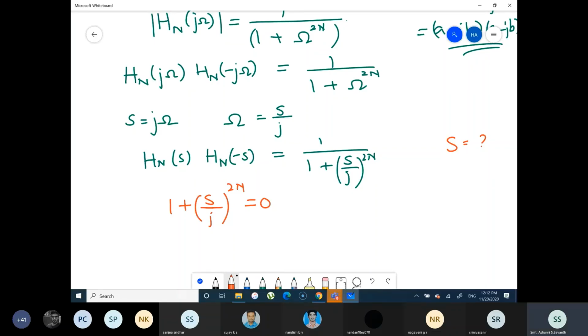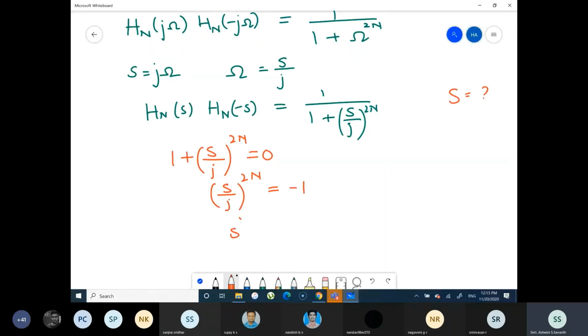Okay, so let's do that. (S by j) whole power 2n equals minus 1, and we put j also onto the other side. So s to the power 2n equals minus 1 into j to the power 2n. How many poles do you expect here? S power 2n means there are 2n poles in the transfer function.